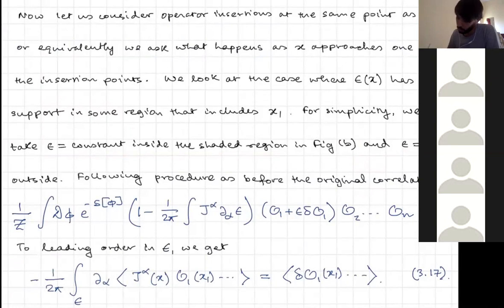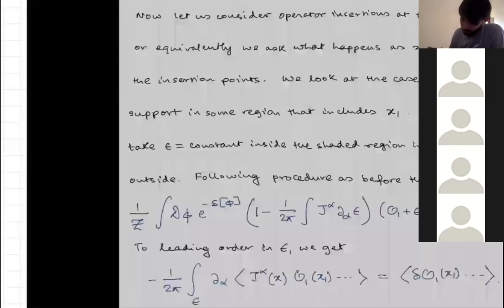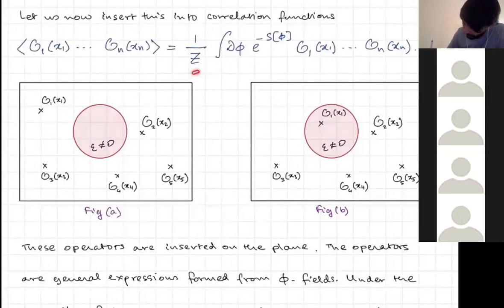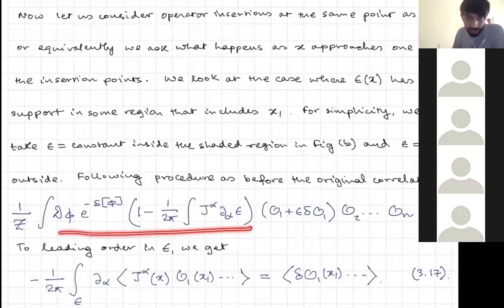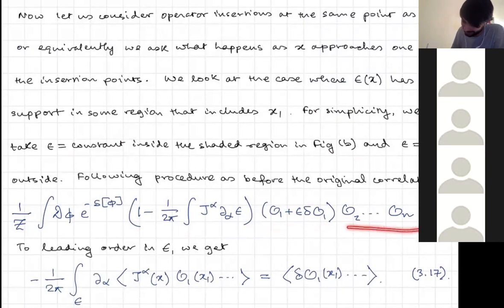So if we were to look at the correlation function that we had from before, let's try to look at this. So we have this, right? So we are going to look at the change here. So the change here is going to be given when you are looking at the first piece. As you had before, this is going to transform into something like this. And there is going to be a change in the O1 as well. So O2 to ON stays the same.